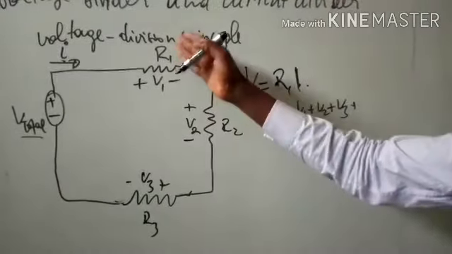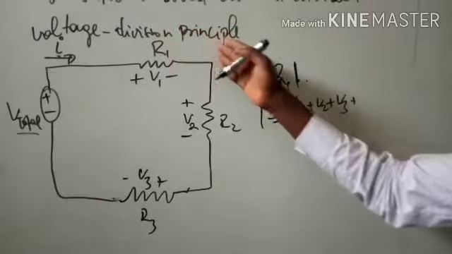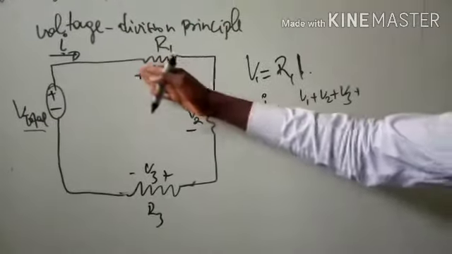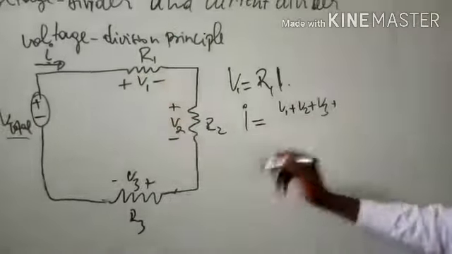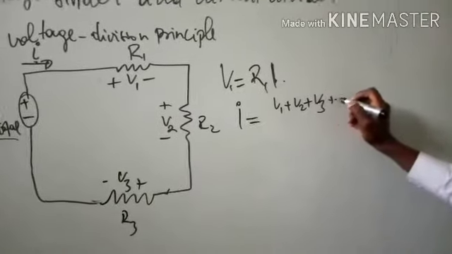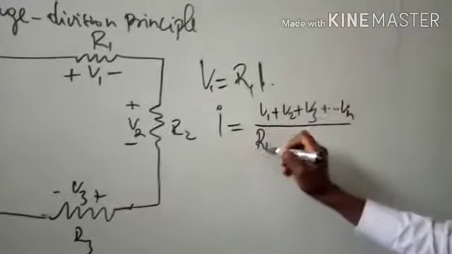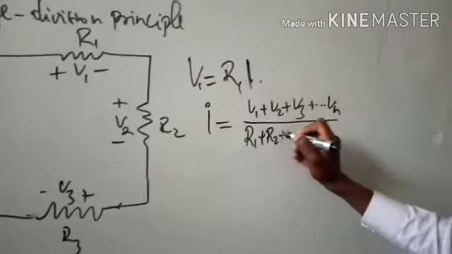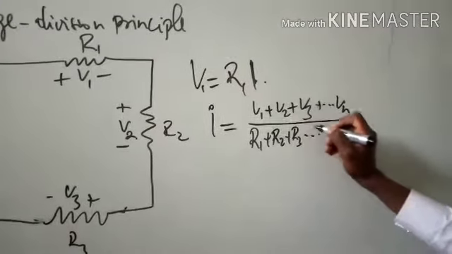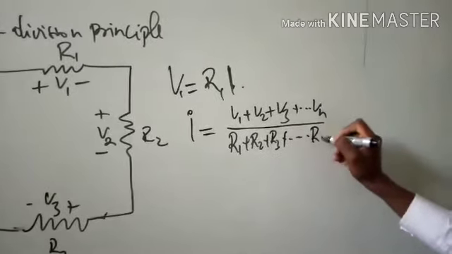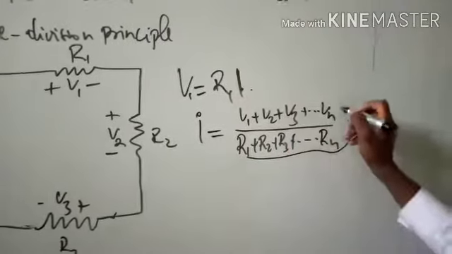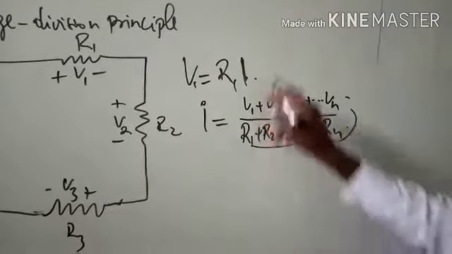We can apply the voltage division principle for resistances connected in series. Then we can continue from Vn over resistance 1 plus resistance 2 plus resistance 3, continuing to Rn. This can be the general formula for this current.